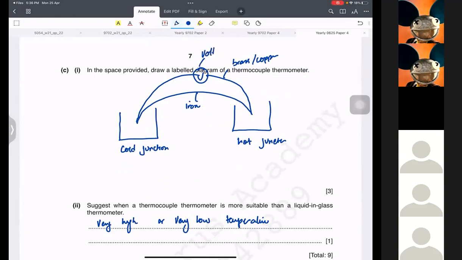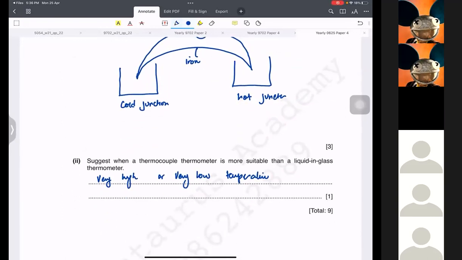You can also label the voltmeter. I forgot, you can add an ammeter. You can also add a manometer. All of them work. So if there is very high or very low temperature, also if there are very rapidly changing temperatures.